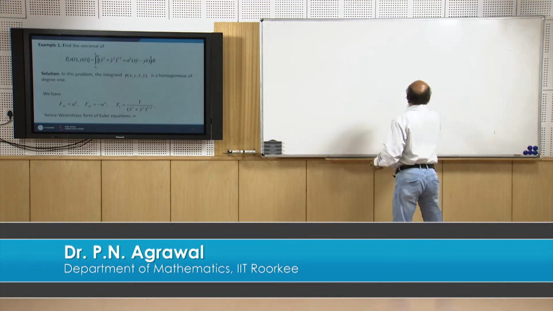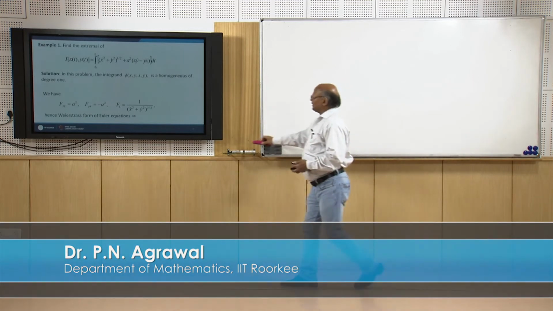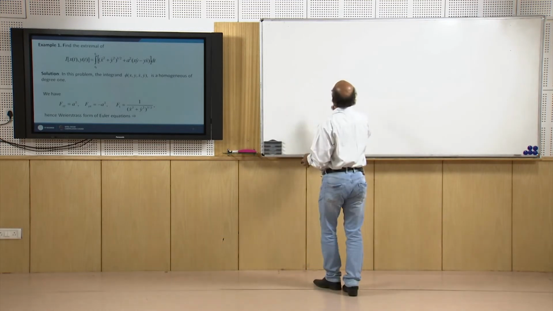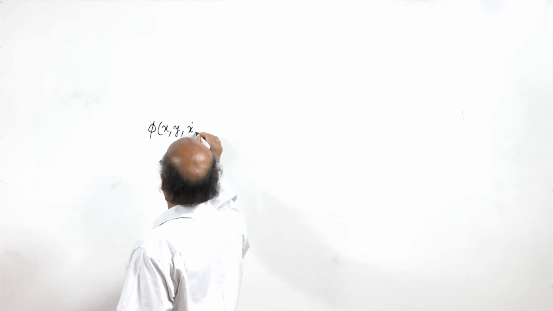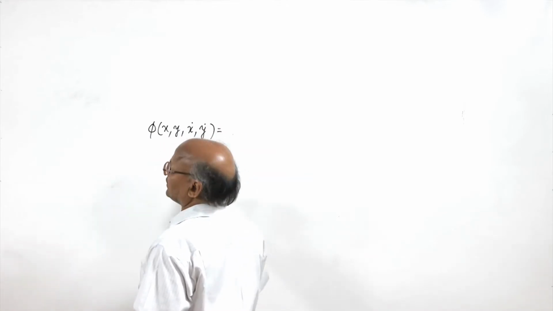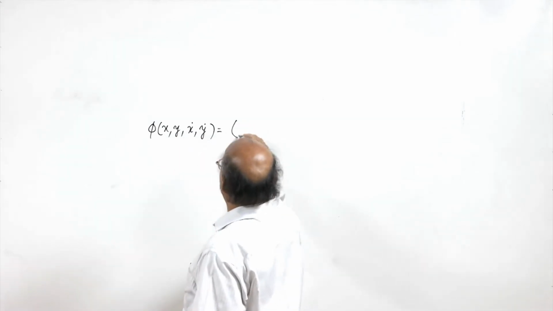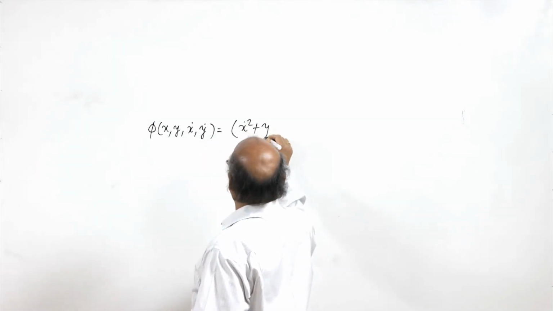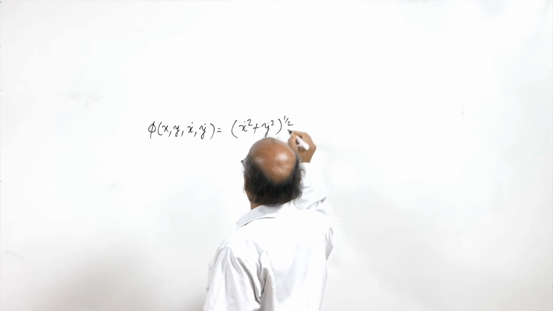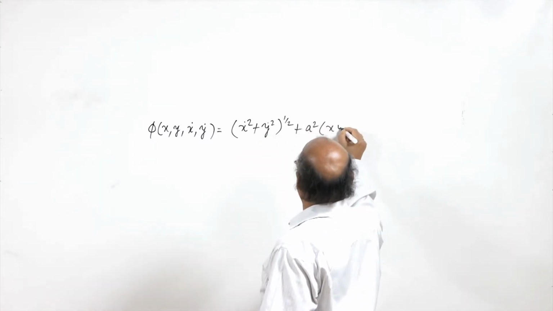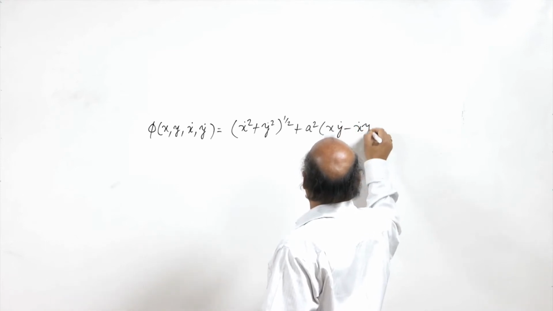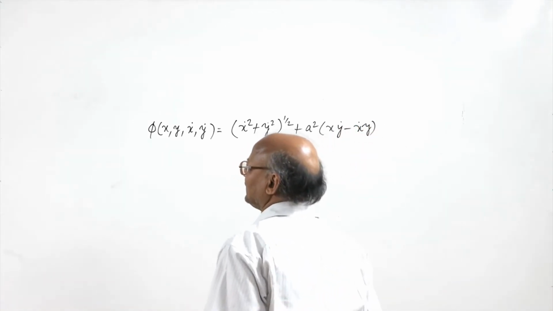So let us see, you can replace phi(x, y, x dot, y dot) as (x dot square plus y dot square) to the power half plus a square times (x y dot minus y x dot).